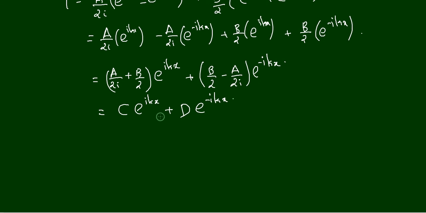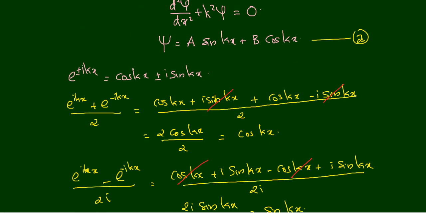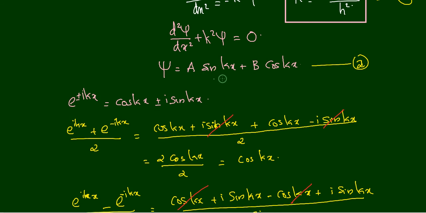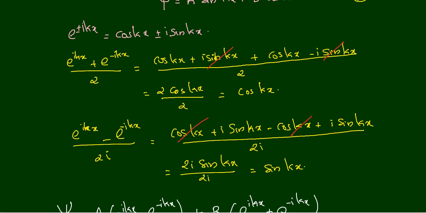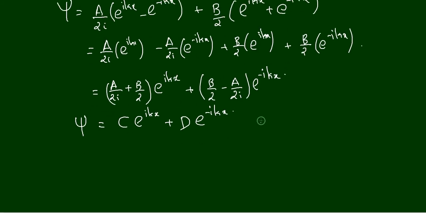So now I have another expression for psi, in the exponential form. I have converted a trigonometric solution, in terms of sine and cos, into exponential functions. Let me call this equation number 3.